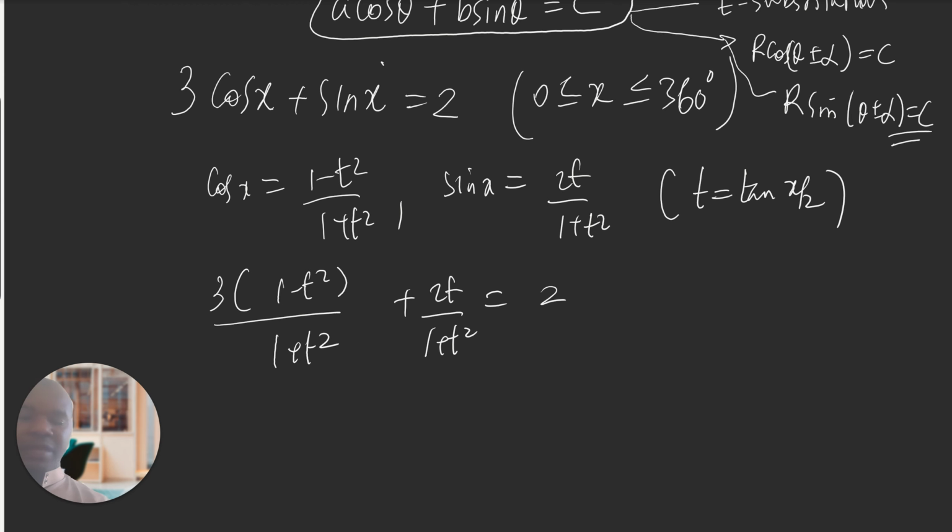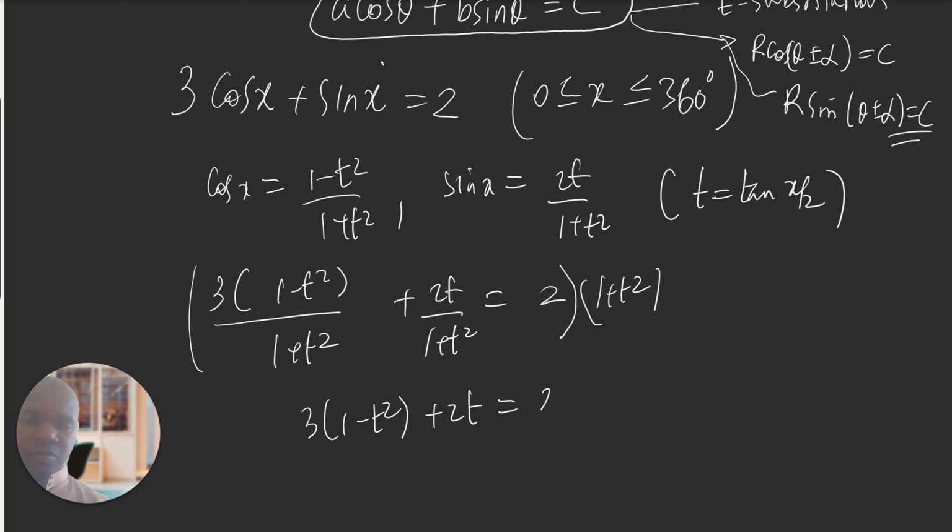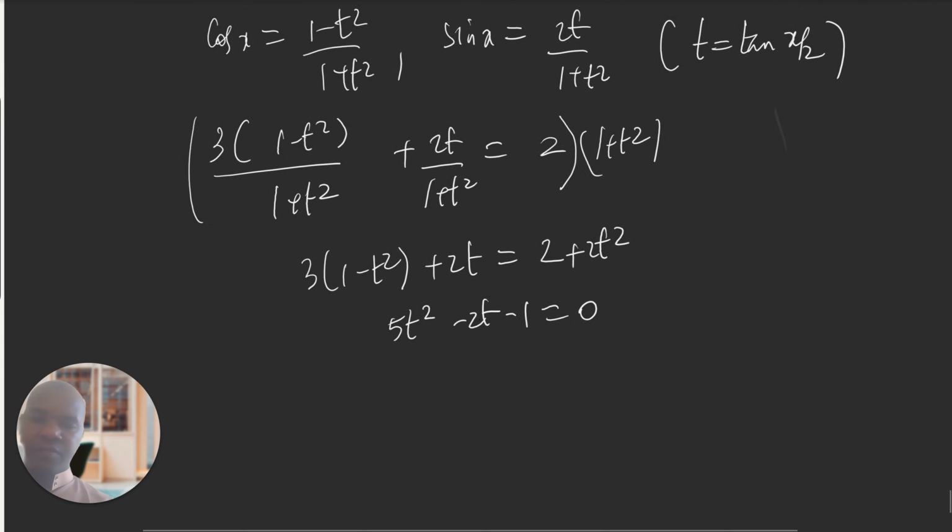You multiply by 1 plus t square both sides, and eventually we get 1 minus t square plus 2t equals 2 plus 2t square. Collecting like terms, you'll have 5t square minus 2t minus 1 equals 0.